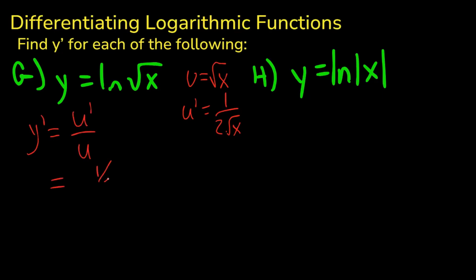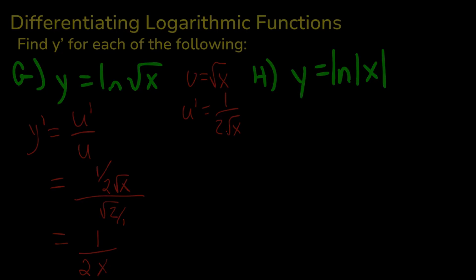So 1 over 2 root x, all over root x. And then if I make this into a fraction, multiply by the reciprocal, you would end up with 1 over 2 times square root of x squared, which is just going to be x. Okay, I'll show you the other way to do that.